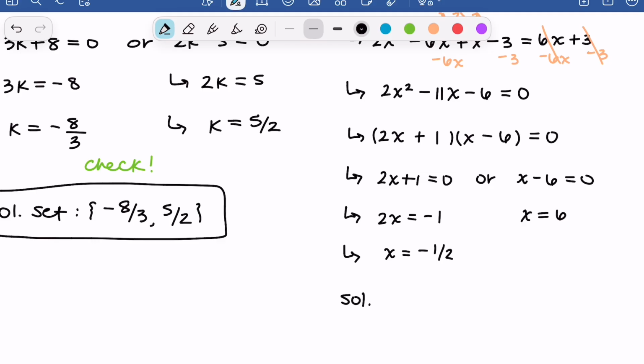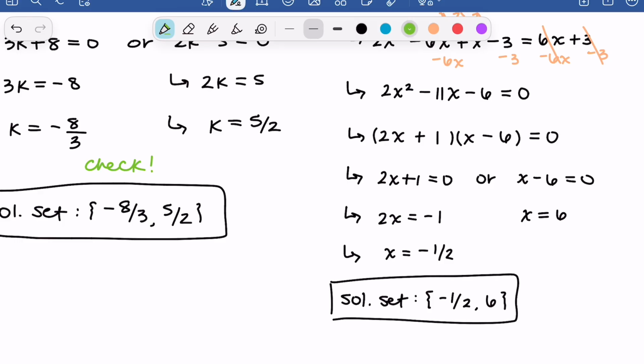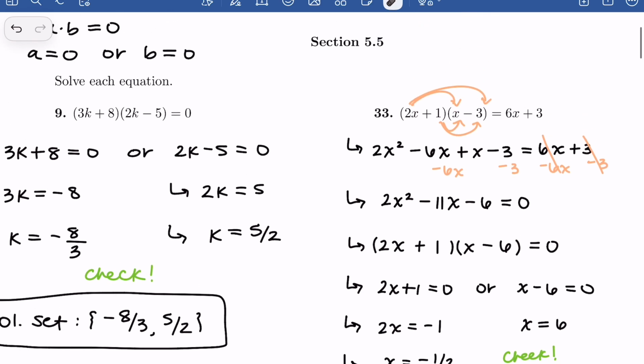So my final answer is going to be -1/2 and 6. This is the set of solutions for our original equation. And as usual, we should always check these values to make sure that we end up with a true statement when we plug in these solutions into our variable.